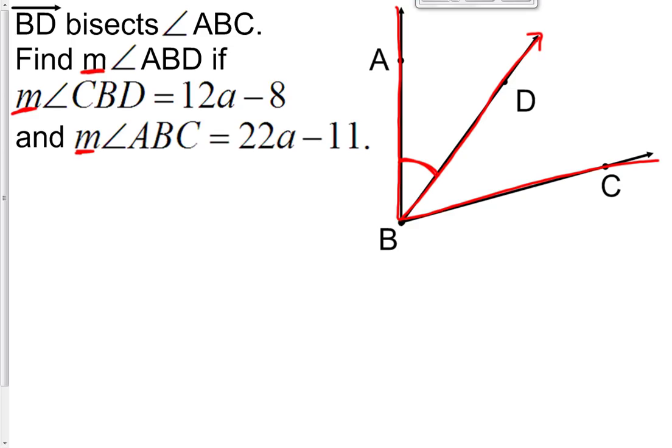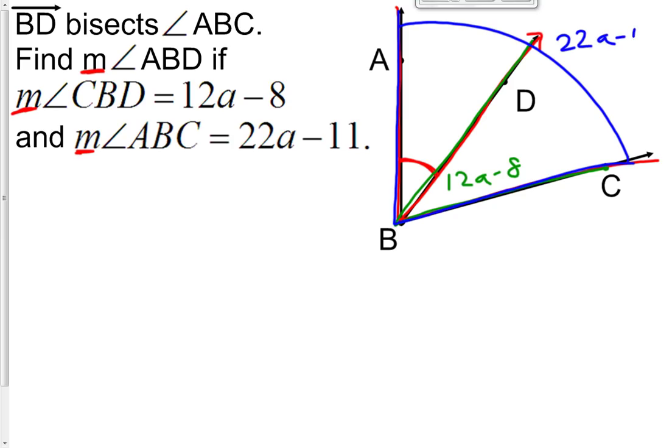If the measure of CBD, so C to B to D, this green angle that I just drew, is 12A minus 8, and the measure of ABC, so the whole angle, this big angle right here, is 22A minus 11.